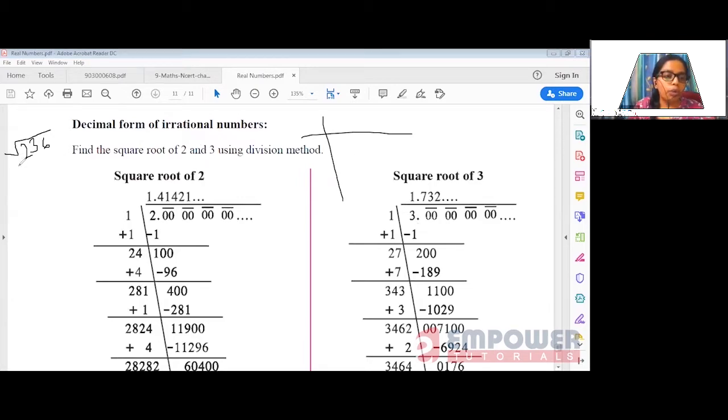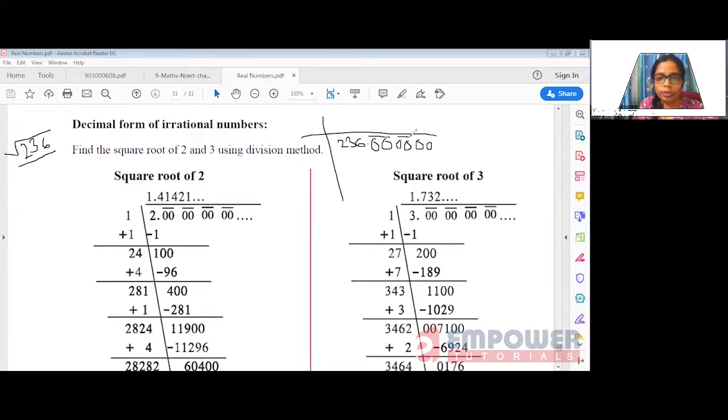If you want to find the decimal form of 236, how do you write this number in the long division method? You write down this number like this. Then you have to make groups. After that you will make groups of two digits.